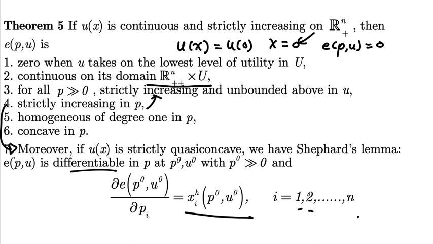Property number 7 says that if the indirect utility function, which is u(x), is strictly quasi-concave, then we have Shephard's lemma, in which the expenditure function is differentiable in prices at a certain price P0 and utility U0, such that P0 is strictly positive. Therefore, if we differentiate the expenditure function with respect to the price of good i, what we get is the Hicksian demand of good i itself, such that i is good 1, good 2, good 3, until good n. This is what we want to prove here, and this is the simple proof.